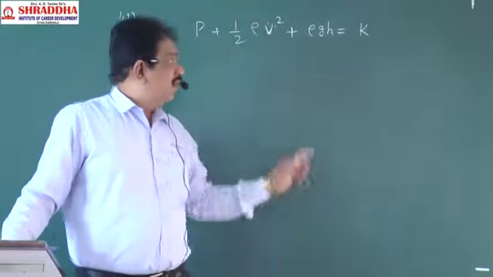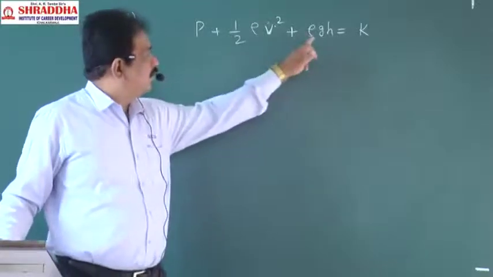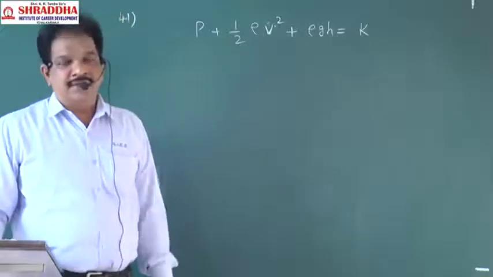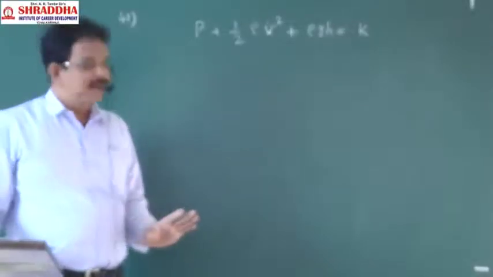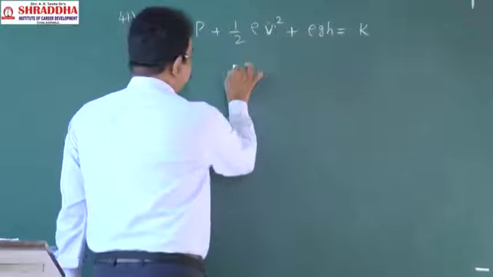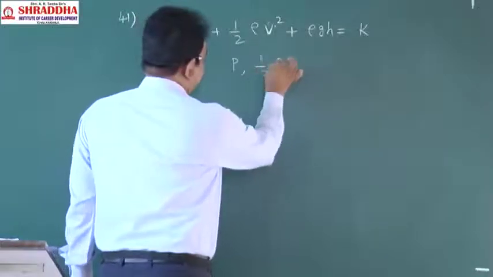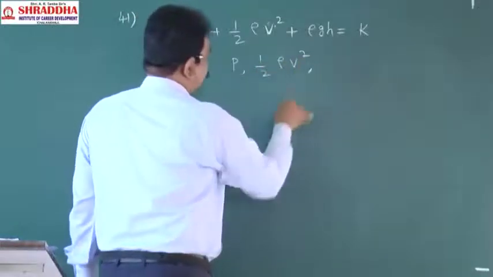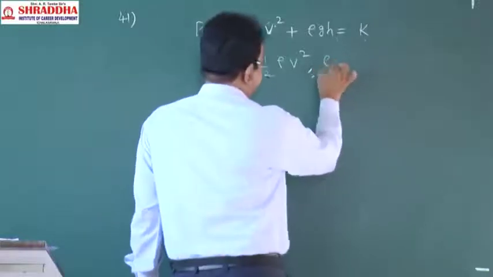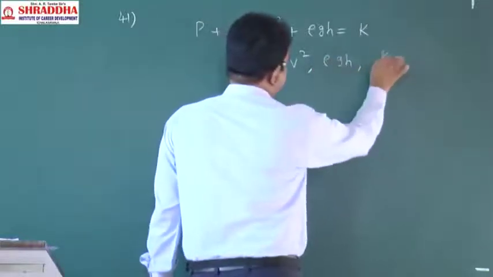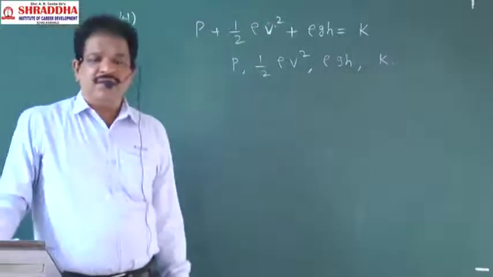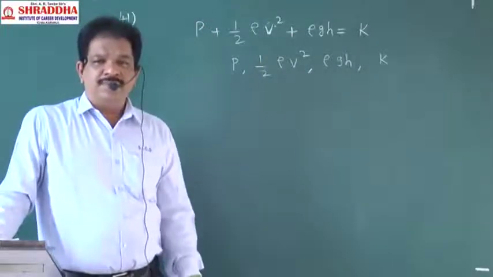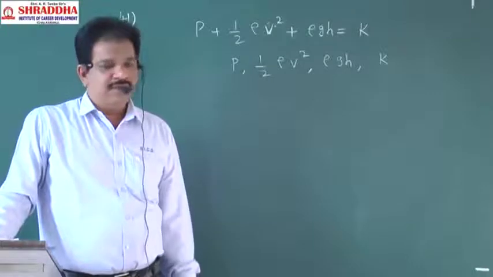K will represent which physical quantity. So all will have the same dimensions, remember. According to the principle of homogeneity, dimensions of P, dimensions of half rho V square, dimensions of rho g h and K all will be the same.